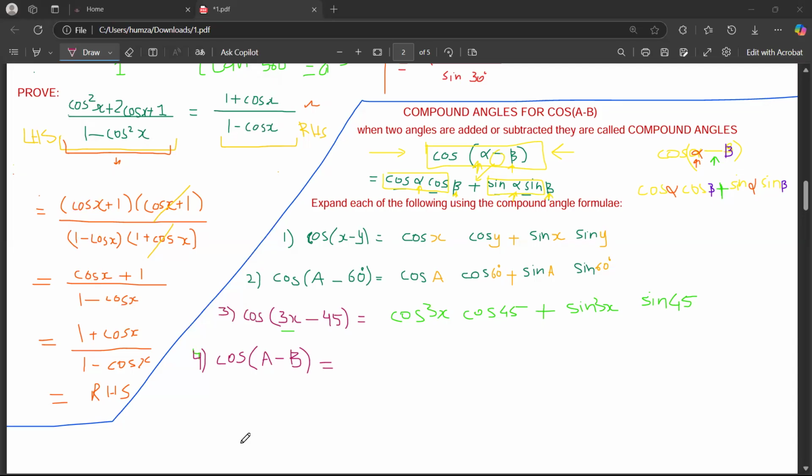We can't move forward if you don't understand this step.